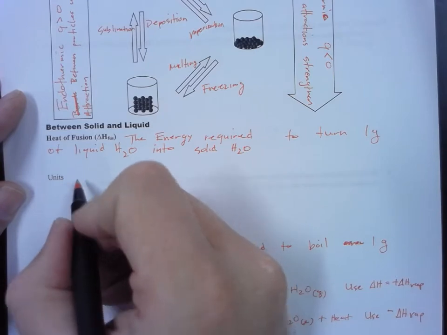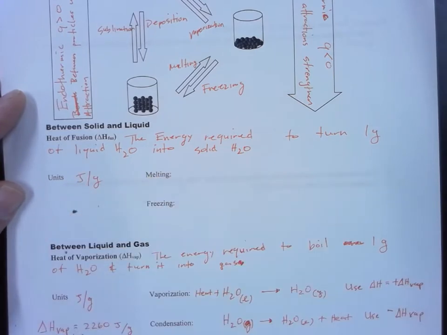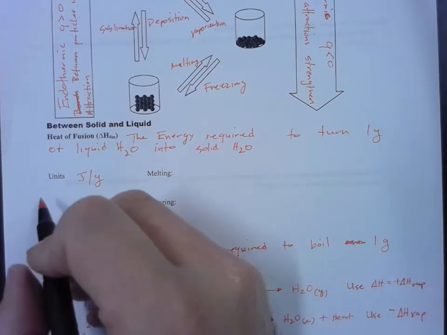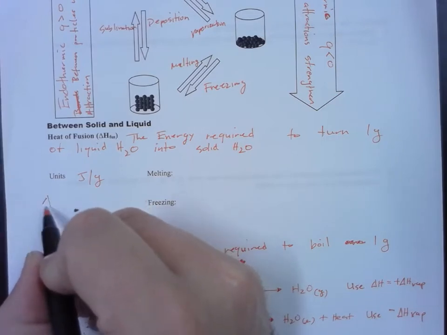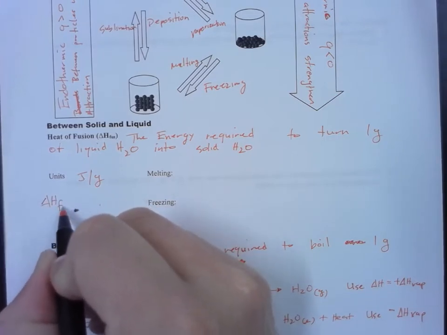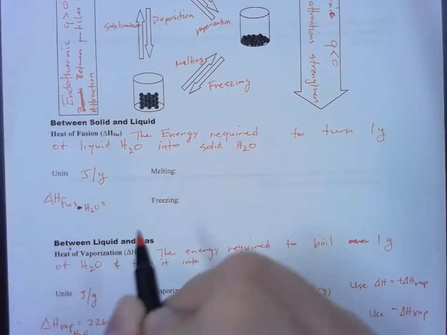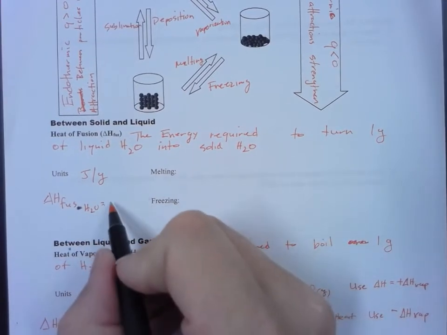The units also are joules per gram. Delta H of fusion for water, H2O, is 334 joules per gram.